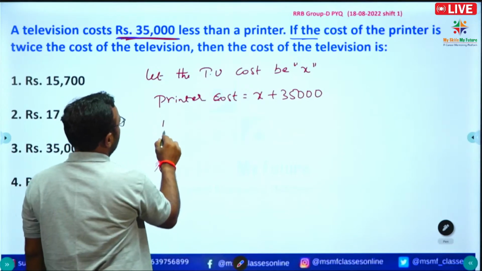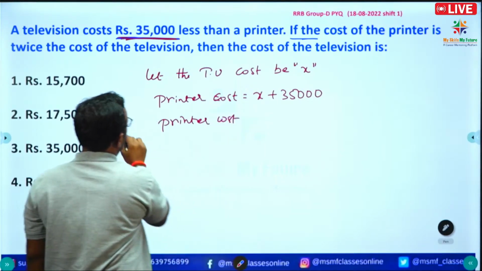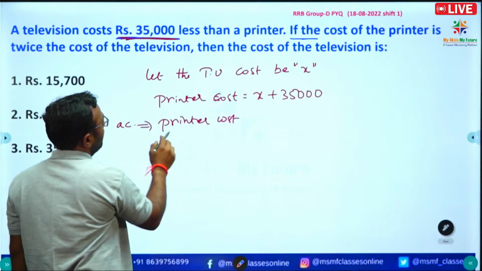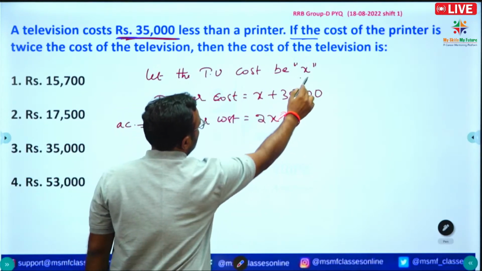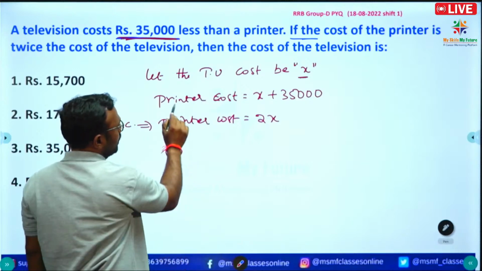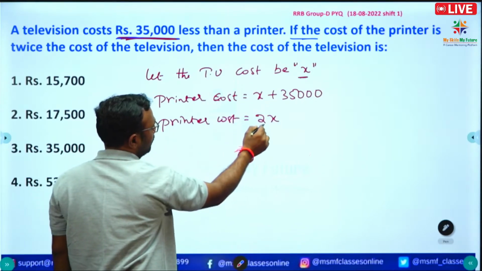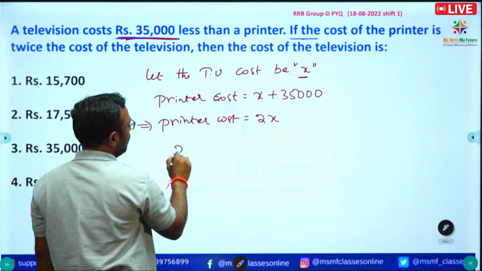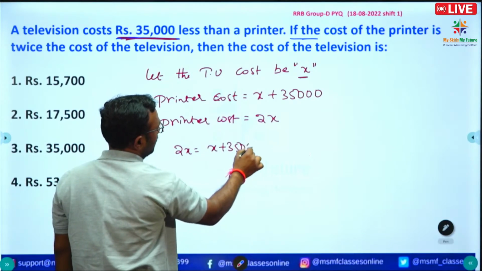Again, according to the question, the printer cost is twice the television cost. So the printer cost is equal to X plus 35,000, and the printer cost is also twice the television cost, so 2x is equal to X plus 35,000.